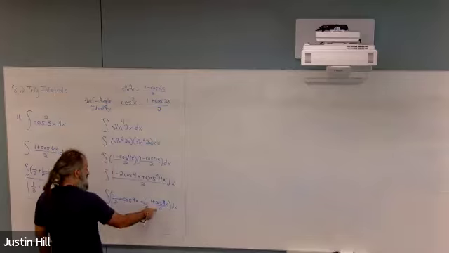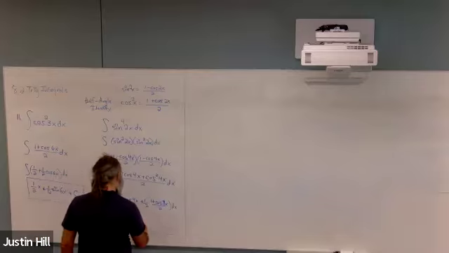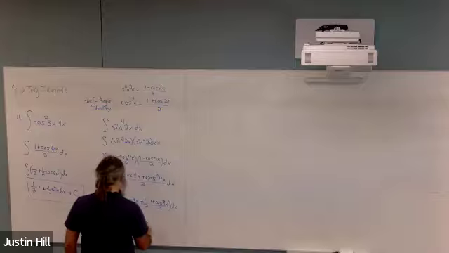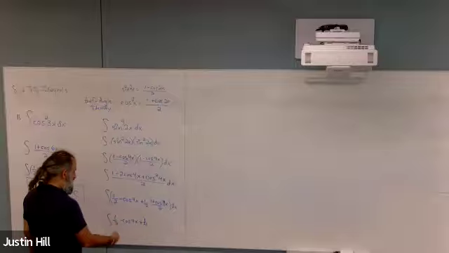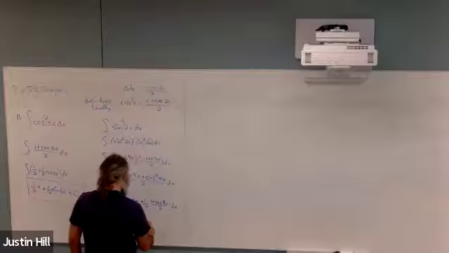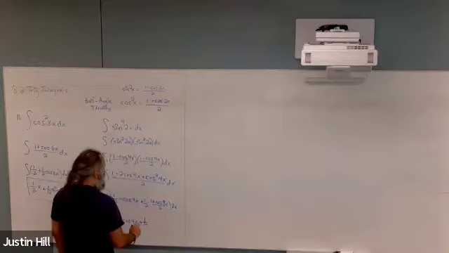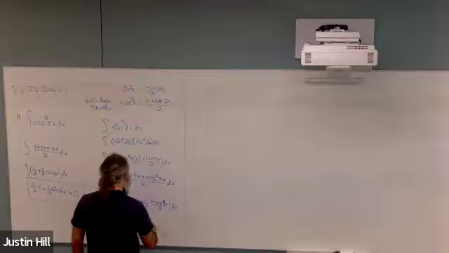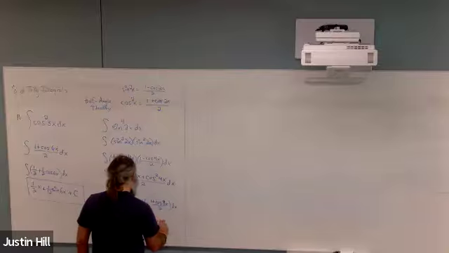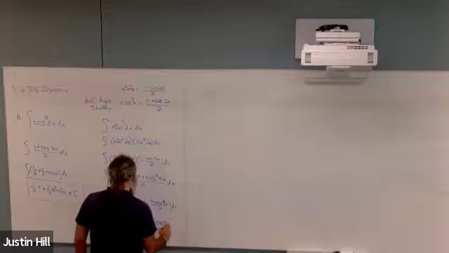Multiply through, you get 4 on the bottom, so we're going to end up with plus 1/4, and then plus 1/4 cosine of 8x, all of that dx.